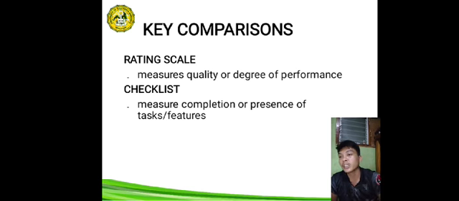On the other hand, a checklist is a tool that confirms whether specific steps, tasks, or criteria have been completed or met, usually with simple yes or no, or done, not done responses.